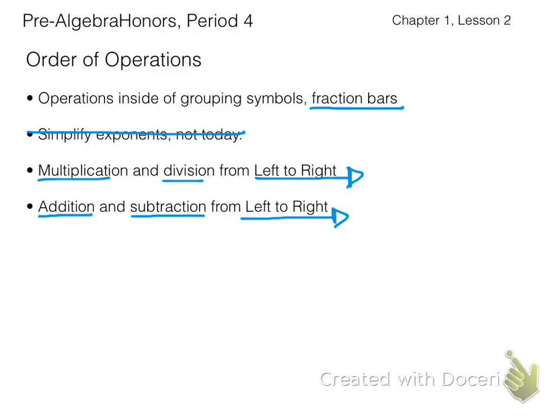All right, so let me go ahead and give you an example problem. Let's go ahead and do this one real quick. So this would be 5 plus 6 times 4 divided by 3 minus 1. So the first thing I'm going to do is multiplication and division from left to right.